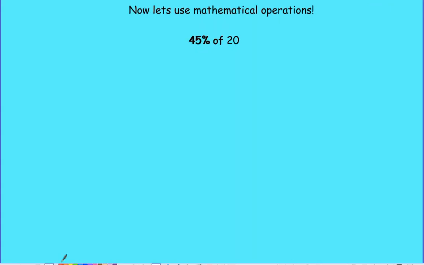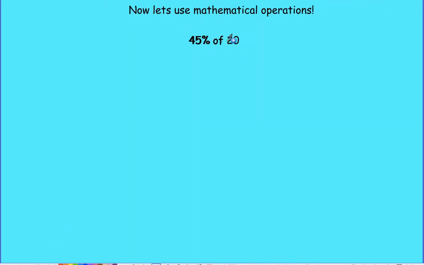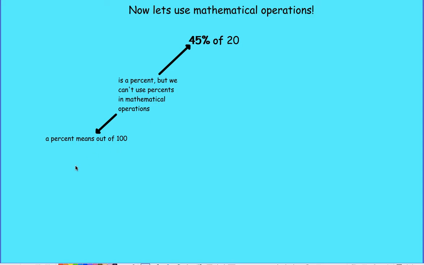Right, so let's look at what this means. So here, I'm looking at 45% of the 20 hats. If I look at this 45% of 20, well, I know 45% can't be used as a percentage because it's not a number. So I know that I have to change it to being out of 100.